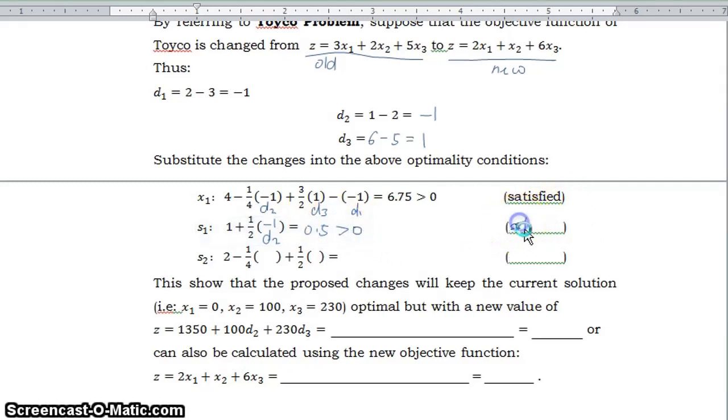This satisfies the optimality condition. The reduced cost for S2 is 2 minus 1 over 4 D2 plus 1 over 2 D3. We know D2 is negative 1 and D3 is 1. We calculate and we get the coefficient is 2.75, also a positive value.